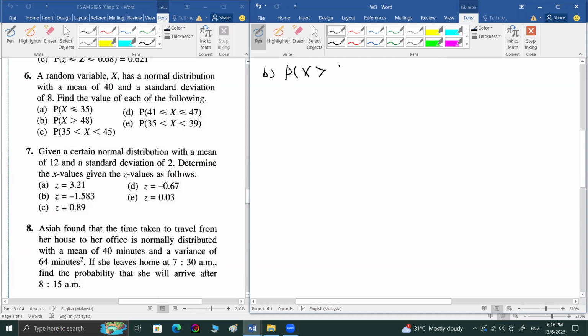X greater than 48. So Z greater than X minus mean, per standard deviation of 8. There you get Z greater than 1. If you are using MS1, it's already direct, no need to change.